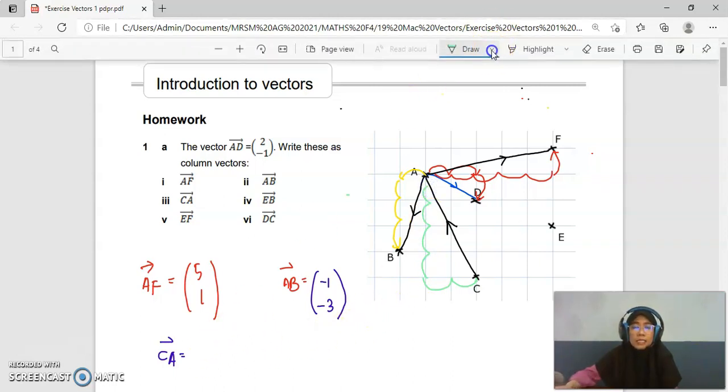So the answer would be (-2, 4): 2 to the left and 4 upwards.